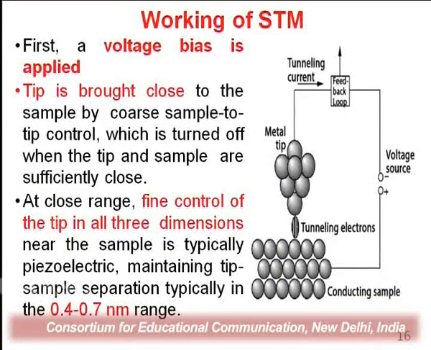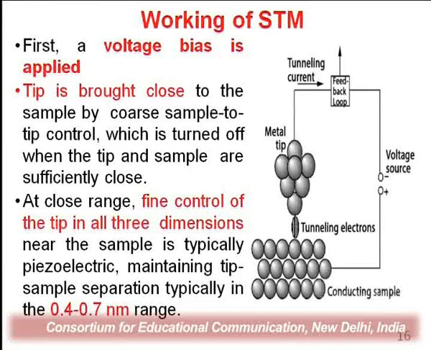What is the working of STM? How does it work? First we see the diagram on the right hand side, where there is a metal tip. This metal tip is at a particular distance from the conducting sample, and you are seeing there are tunneling electrons between the metal tip and the conducting sample.